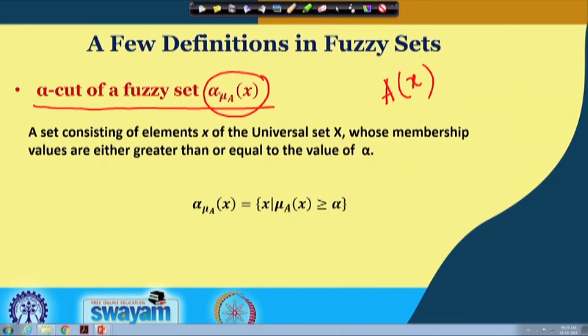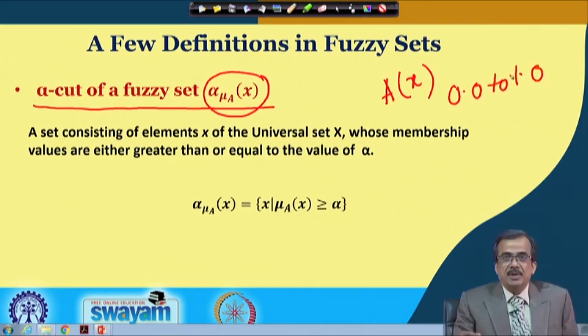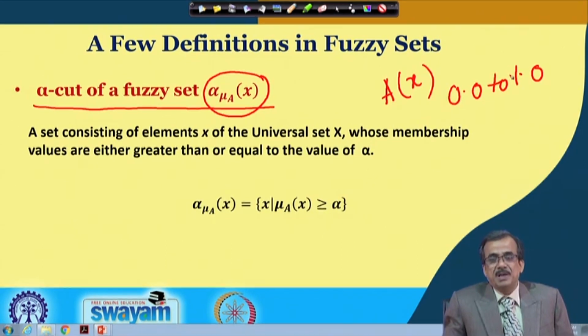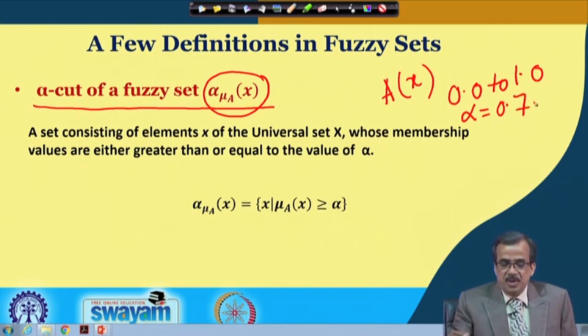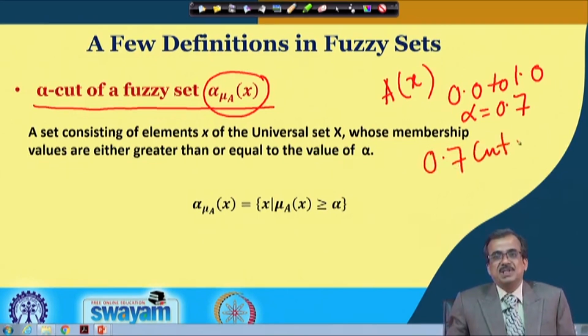Now, the value for this alpha will vary from 0.0 to 1.0. If I insert a particular value for alpha, for example, say alpha equals 0.7, truly speaking, I am going to find out what should be the 0.7 cut of a particular fuzzy set.